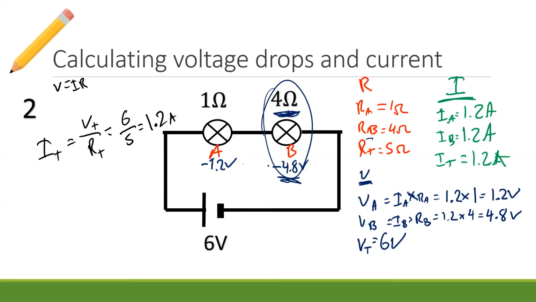Now, if I've got some real math nerds here, there is another shortcut way to do this. You could think about this being, okay, I've got to share 6 volts against 5 ohms, so you can just go 6 divided by 5, which is going to give you 1.2 volts at the start. And then that would mean that's 1.2. This one has to be 4 times 1.2.